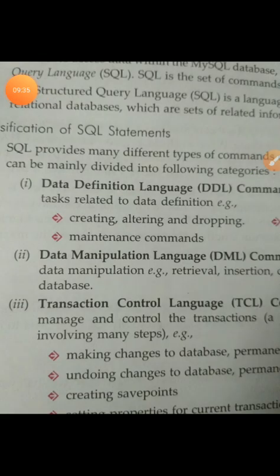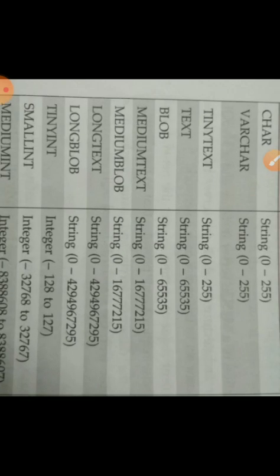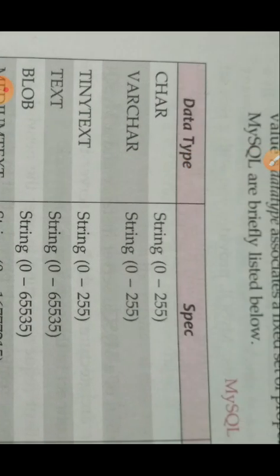So for creating any database, we need some data types. If we want to create a table in our database, for that purpose we need some data types that store the values, okay.